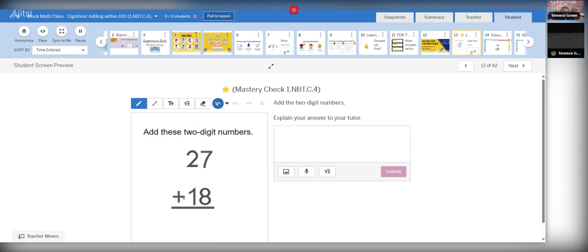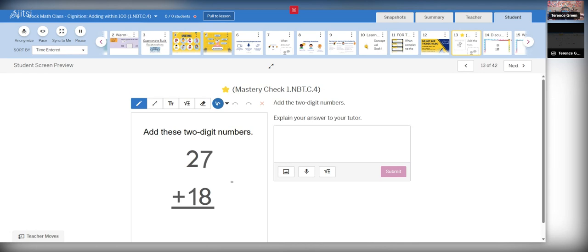What sign is this? Correct, it's an addition sign. Addition tells us that we're going to do what with those two numbers? We're going to put them together. Yes, so we're going to put 27 with 18. We're going to add them up.